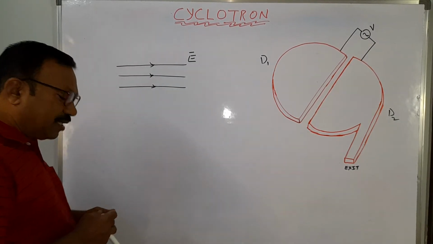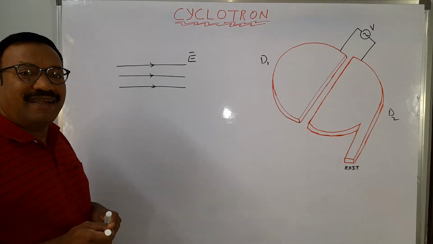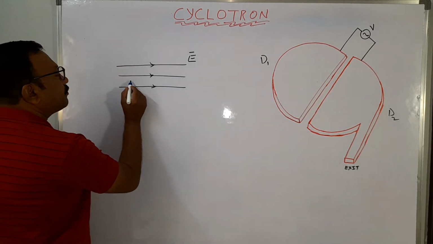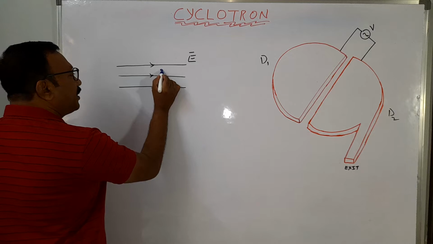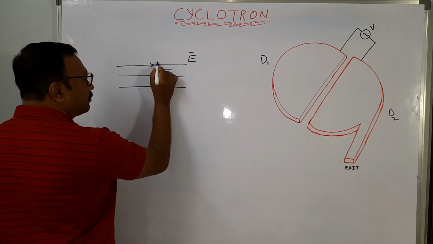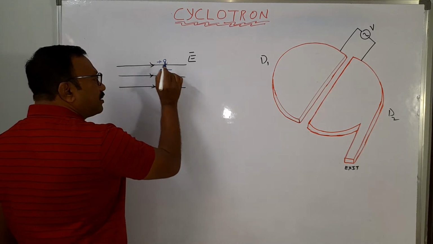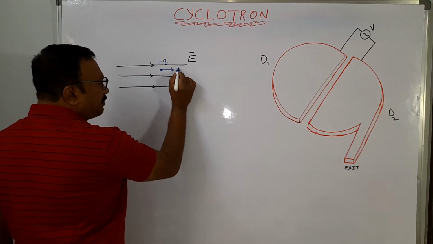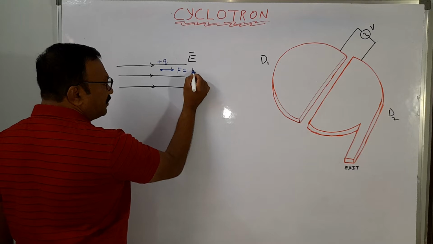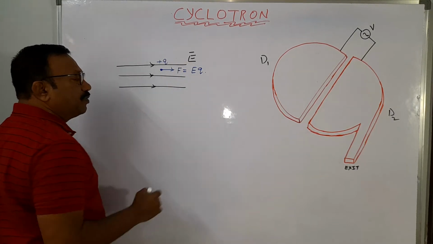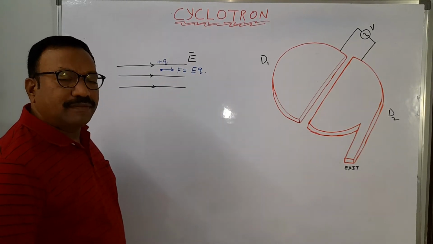If I take a charged particle inside this electric field, suppose I am taking a positive charge, plus Q, this charged particle will be experiencing a force F is equal to EQ in the direction of the field.